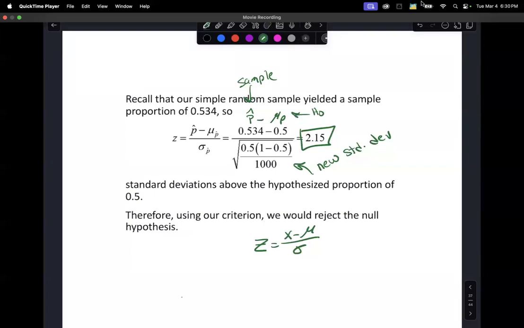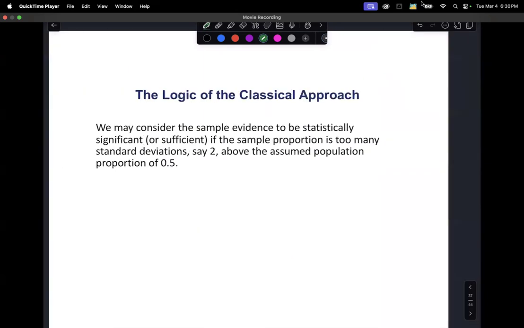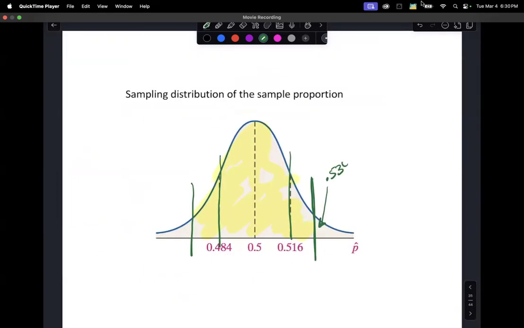So then we take that back and we go, okay, here's my setup. Here's my confidence interval. The z-score on the edge of my confidence interval is 2, and that would be our critical value. You guys remember those critical values? These critical values are the edges of your confidence interval.